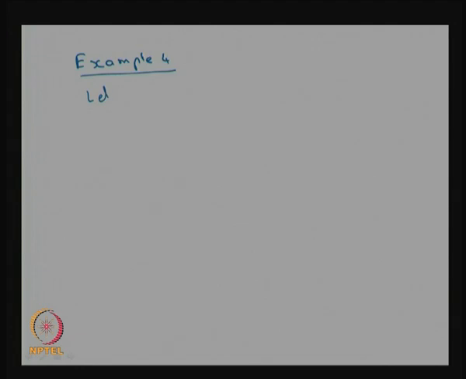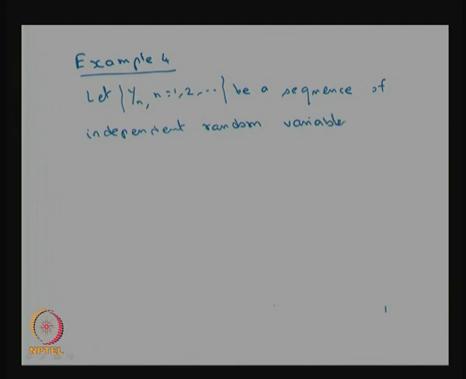Let Y n be a sequence of independent random variables, with the condition that the probability of Y n takes a value 1 is p, that is the same as 1 minus the probability of Y n takes a value minus 1.